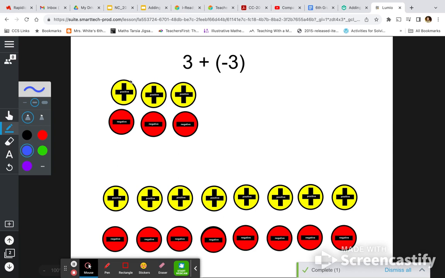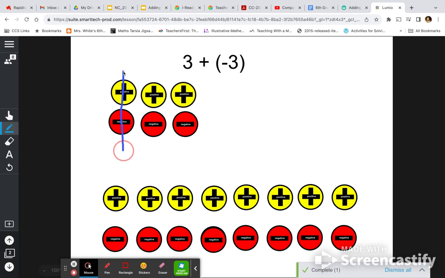You're right, they cancel each other out. So I'm just going to draw a line through that. A positive and a negative, they match up and cancel each other out. So what are we left with? You're right, we are left with 0. So the answer to 3 plus -3 is 0. You can see here that +3, -3, when I combine them, there's nothing left. So that would mean 0.